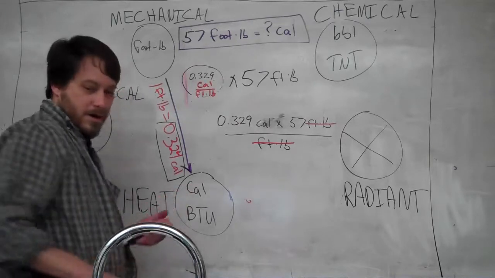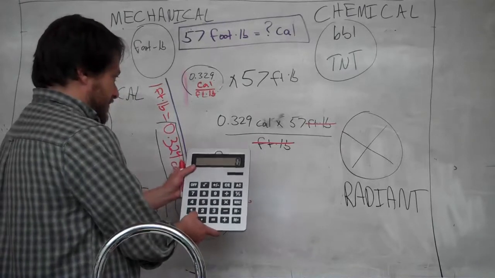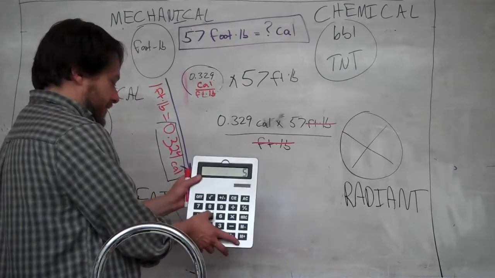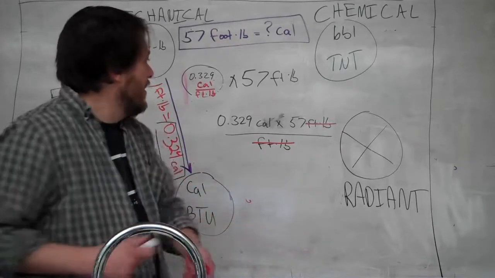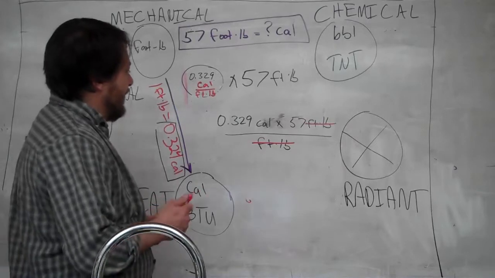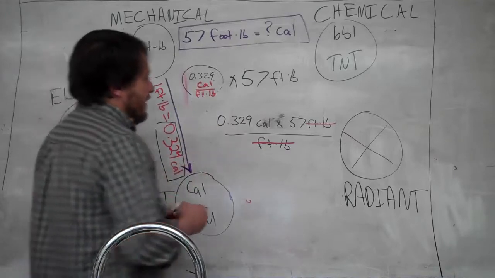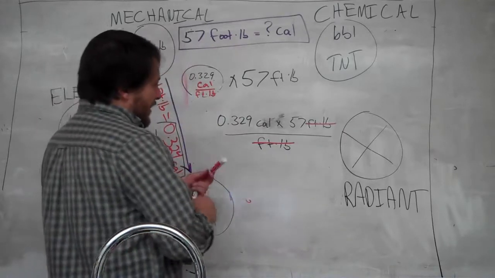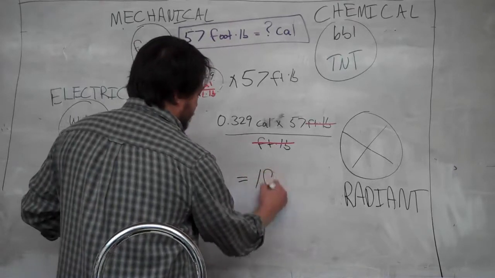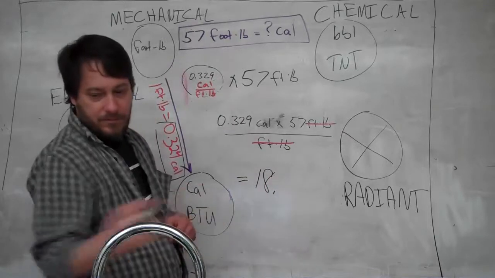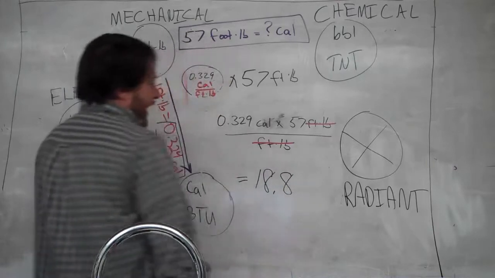And so 0.329 times 57 equals 18.753. We'll call it 18.7, since really our largest amount, I actually should call it just 19, but no, 18.8. 753 would round up to 18.8. 18.8 what?